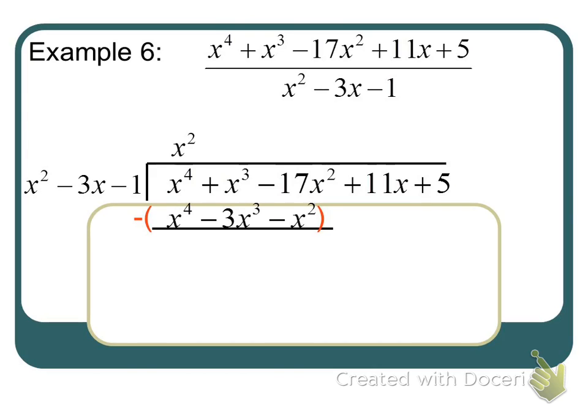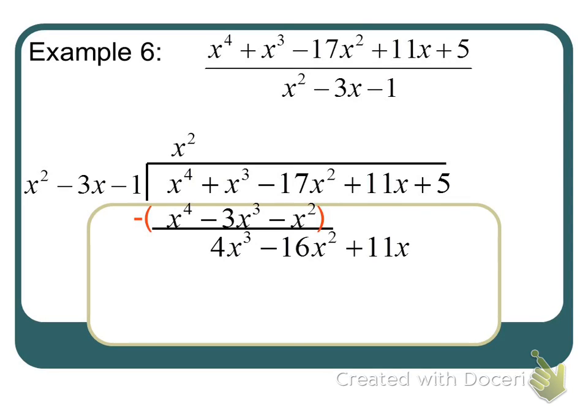That's going to change all those signs, so you need to be careful. X to the fourth minus x to the fourth is gone. X cubed minus negative 3x cubed is 4x cubed. Negative 17x squared minus negative x squared is negative 16x squared, and bring down the 11x.